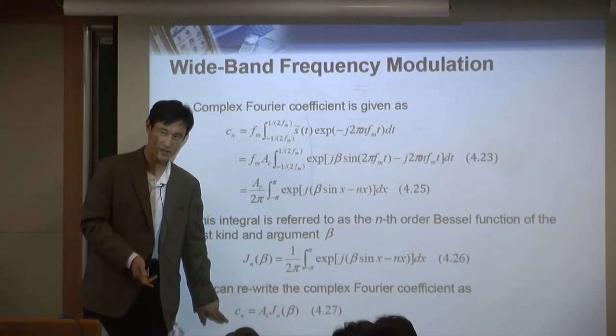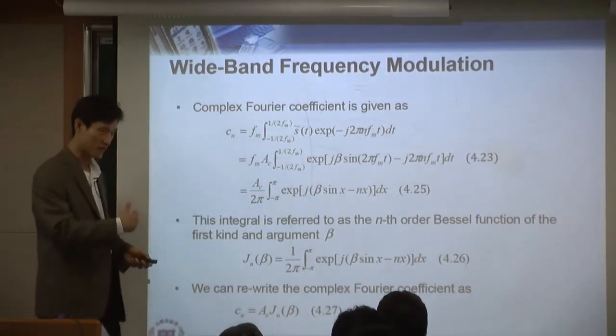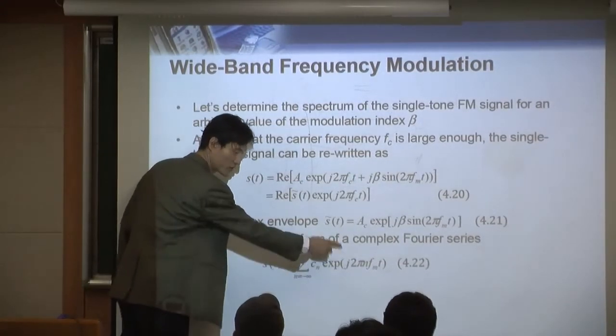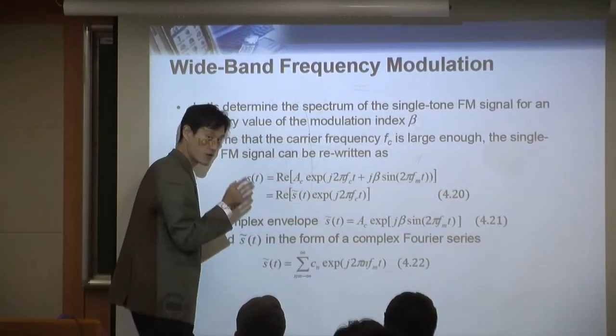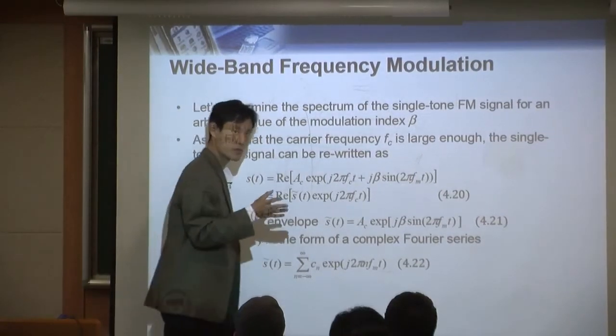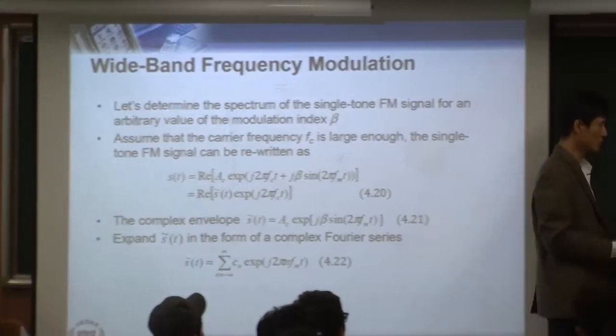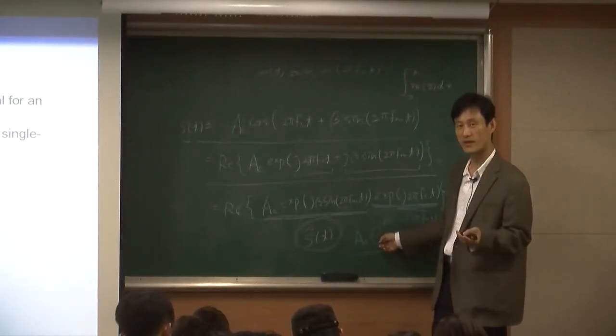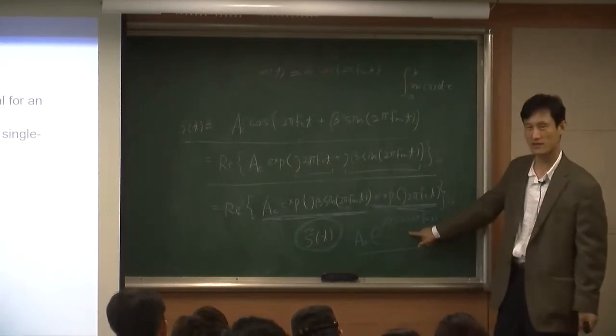And what was the Cn? Going back to the slide, Cn is this one. When you do the Fourier series, Cn is a Fourier coefficient. Why do you need the Fourier coefficient? Because we want to represent this s hat t in a simpler way. This one looks complex, right?